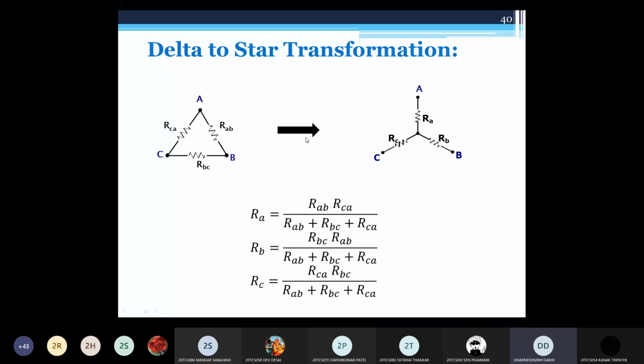This arrow shows that this is a conversion of delta to star. Done, sir. Okay, so let's move to this example.